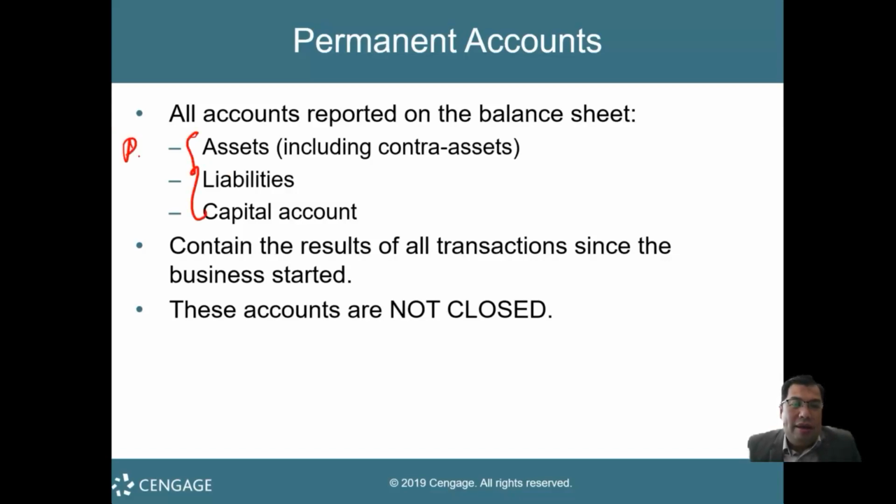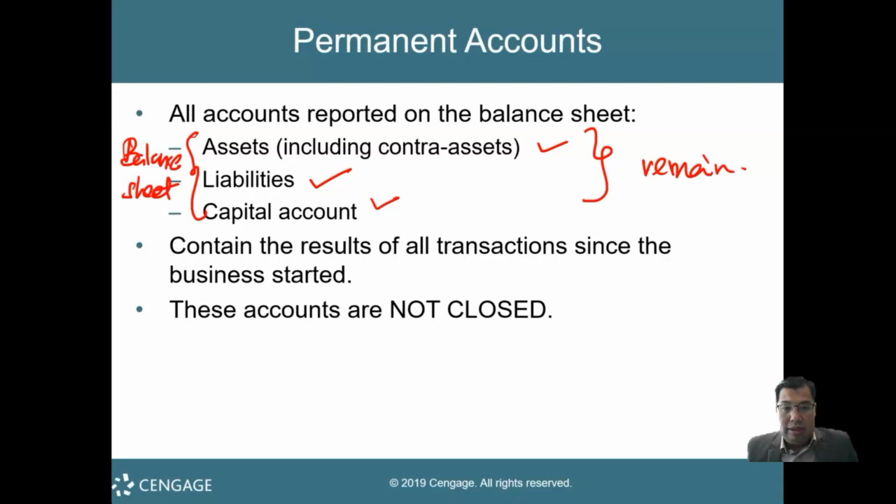So next year, when you start your accounts, we still have the assets, the building, the cash, the receivables, and we still have the liability and the capital. So these accounts remain. In simple words, these accounts are not closed.